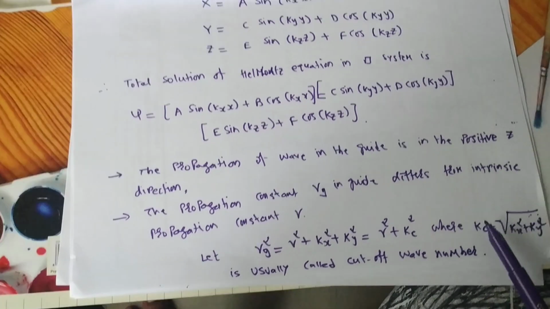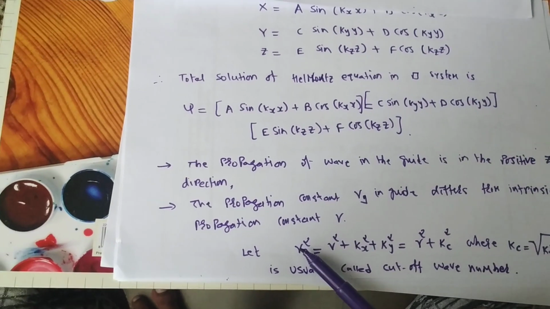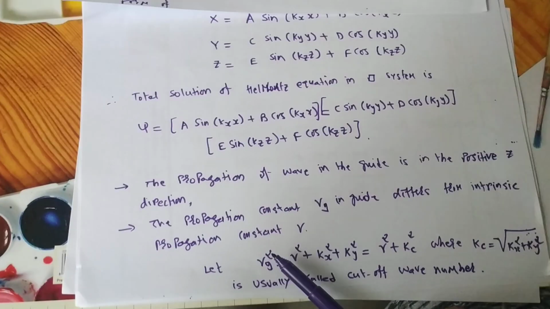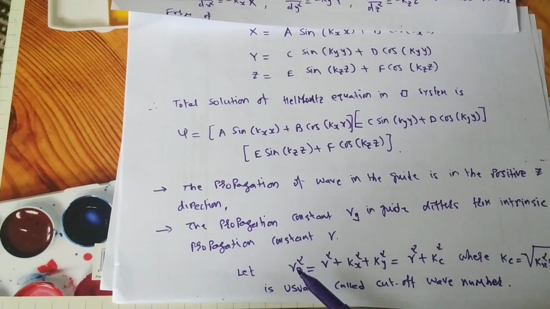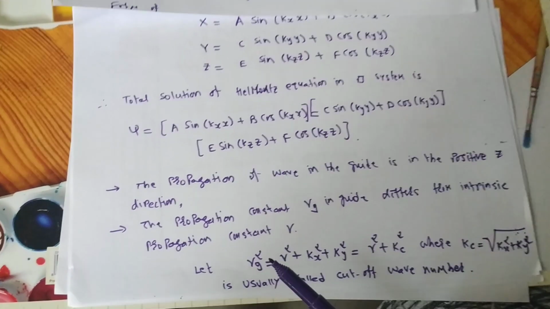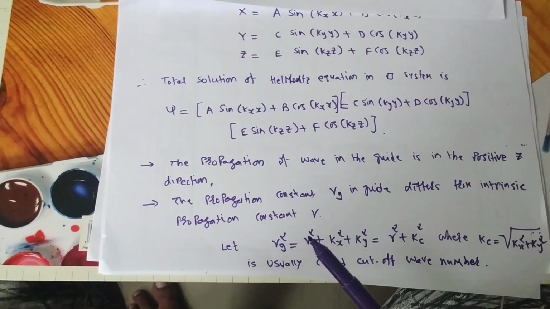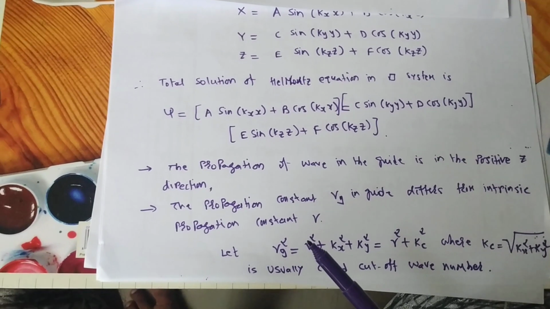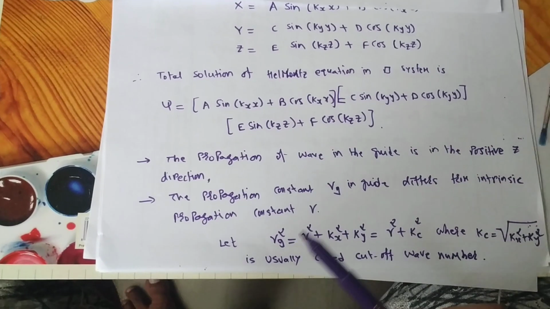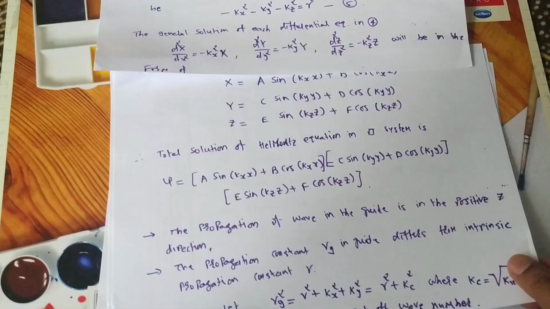So I have introduced a new propagation constant gamma g in the guide, which will be useful to show whether the wave is propagating in the guide or not. Let us see three special cases.